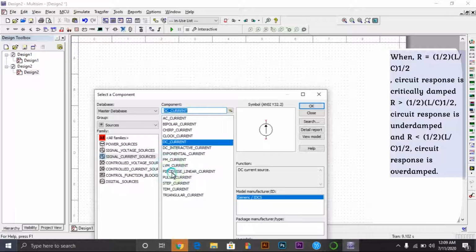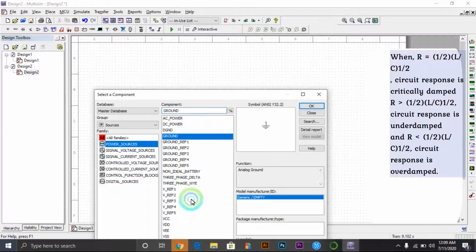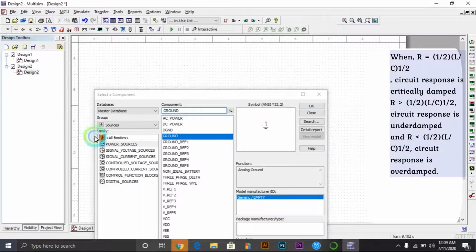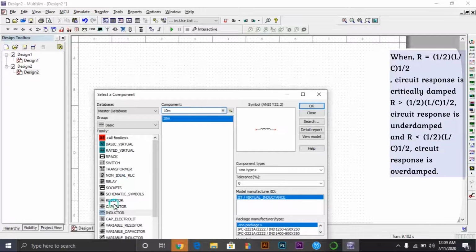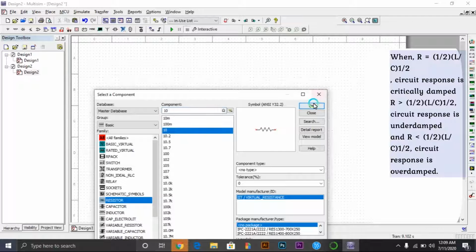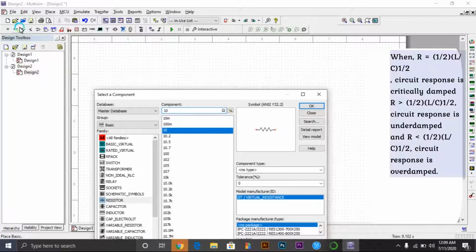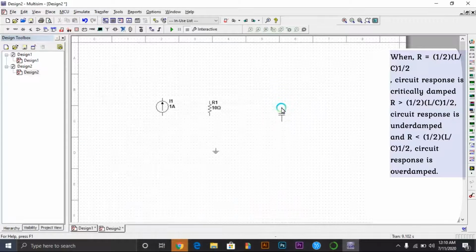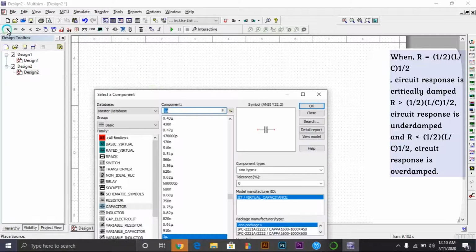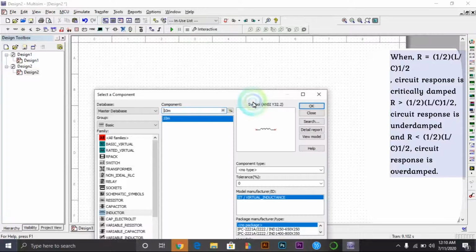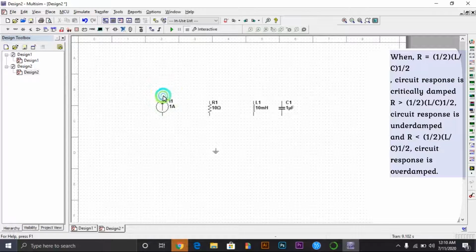Let's place it and ground. Let's join it.